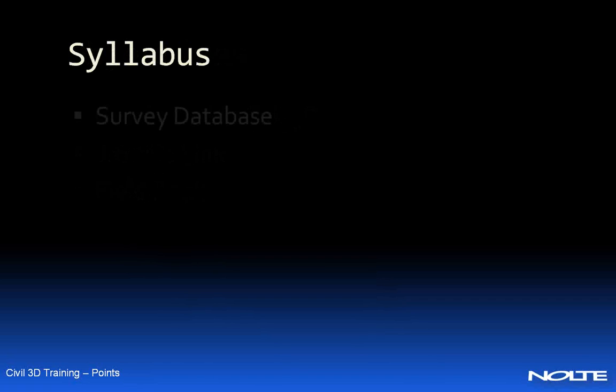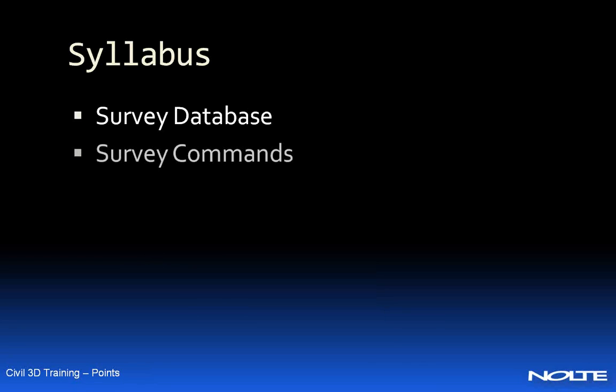The topics I'm going to cover today to meet those objectives: we're going to look at the survey database in Civil 3D, introduce you to that concept, and show you how to create a database and survey networks within that database. We're going to review the survey command language and survey commands, because those are what are used in the fieldbook files, and hopefully those of you who are familiar with this will see that it is identical to Land Desktop.